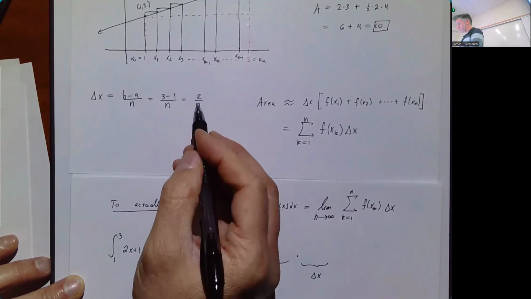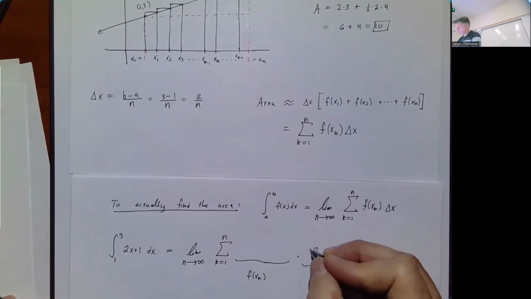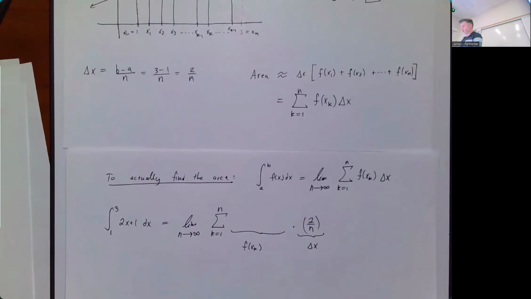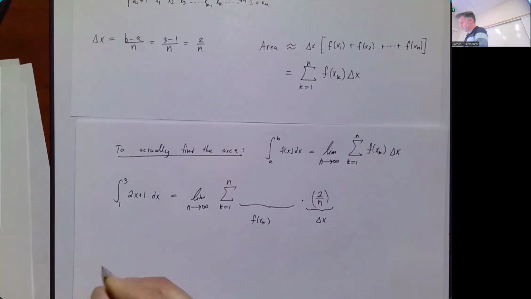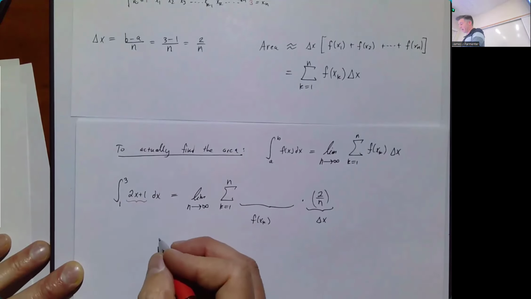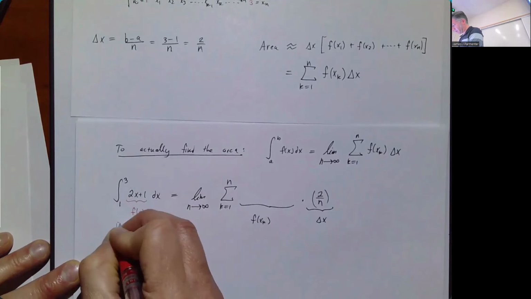We know that delta x is 2 over n. So what's our f of x sub k? Well, the thing that you're integrating, that function there called the integrand, that is your f of x. So f of x is the integrand.